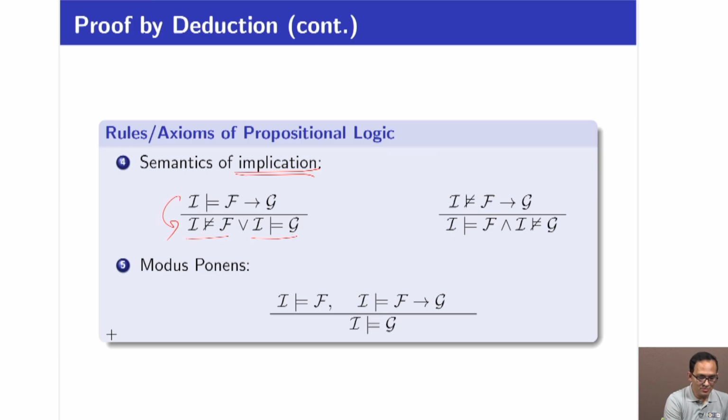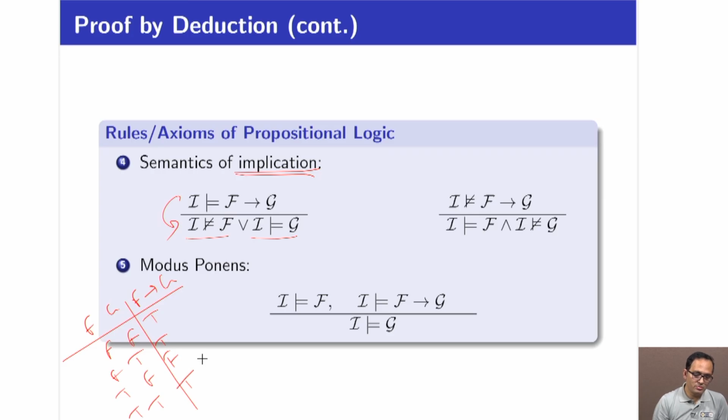So, if you see the truth table of implication, here if f is false, I do not care, right, it will be true. This is the case where it will be false and this will be true, right. This is the kind of truth table of implication.